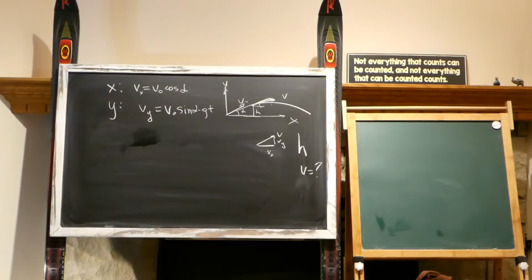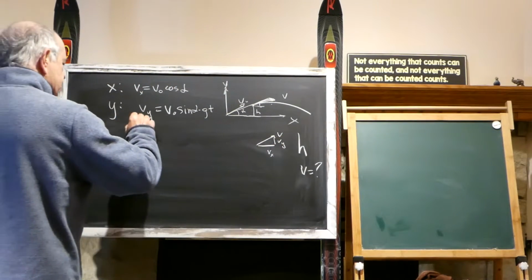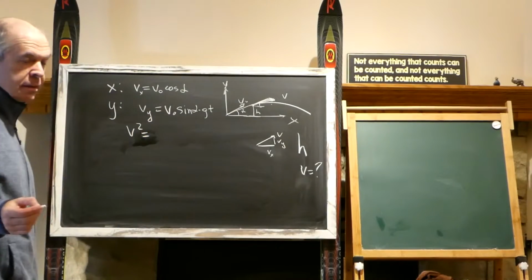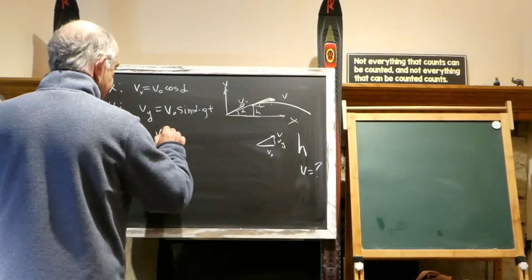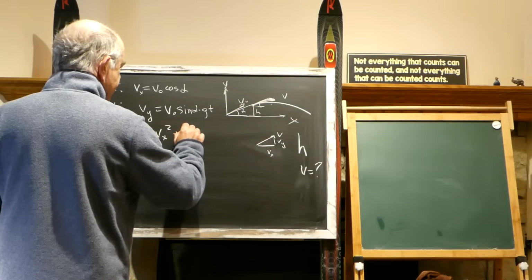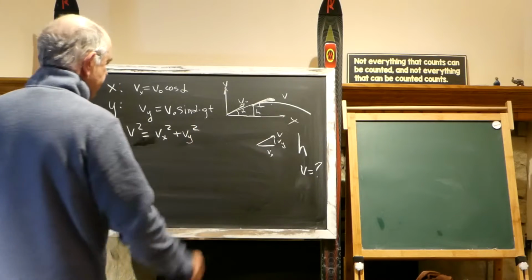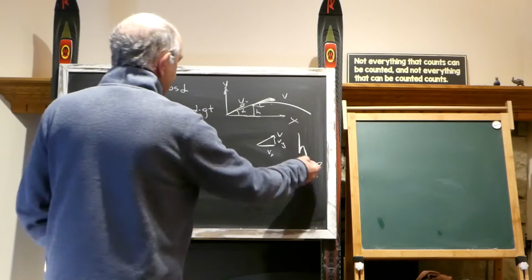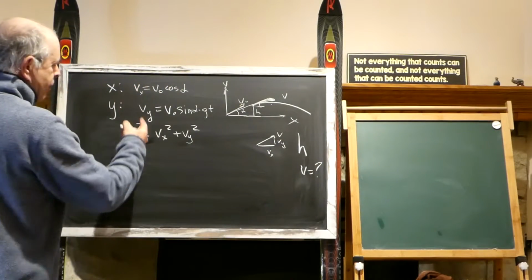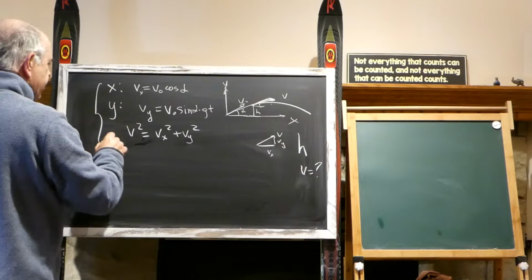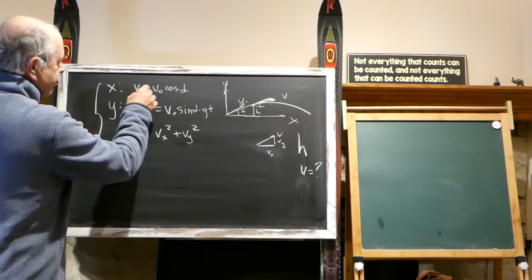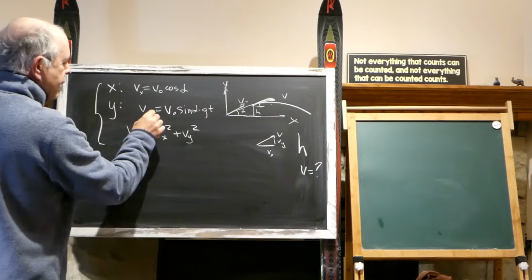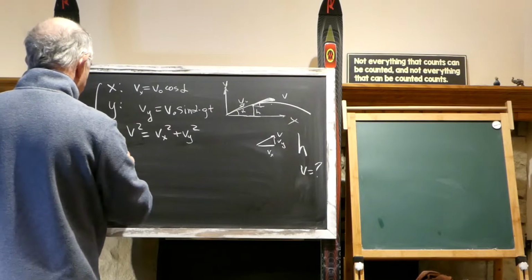All right, so at that moment we know v, we know vx, and we know vy. So we have this triangle, and from this triangle we have the Pythagoras theorem. It's always like that with vectors. They want us to find v, so we have this system, and we want to substitute vx and vy here. So let's do it.